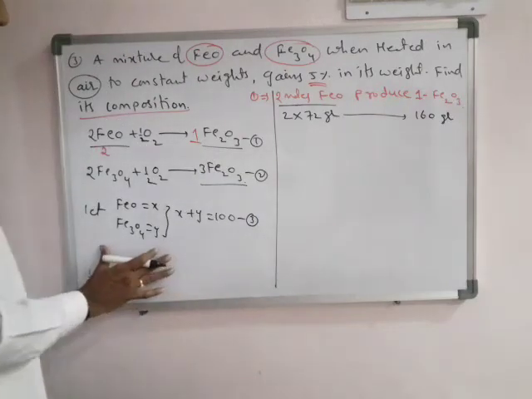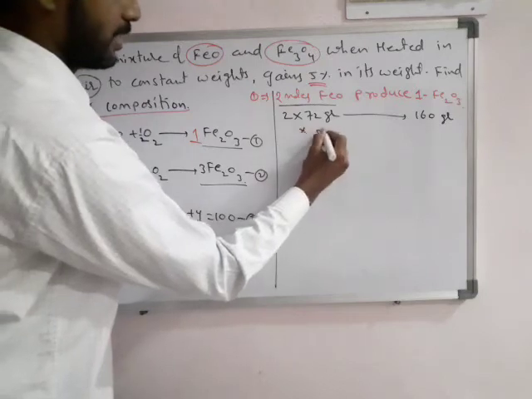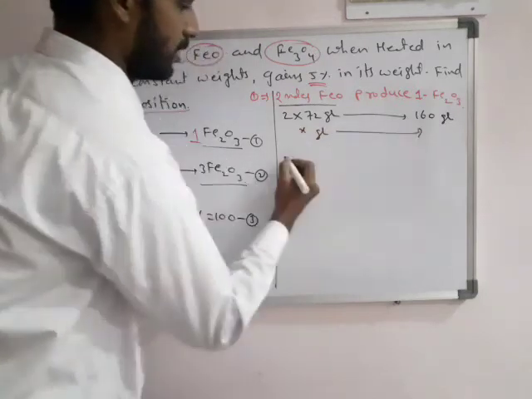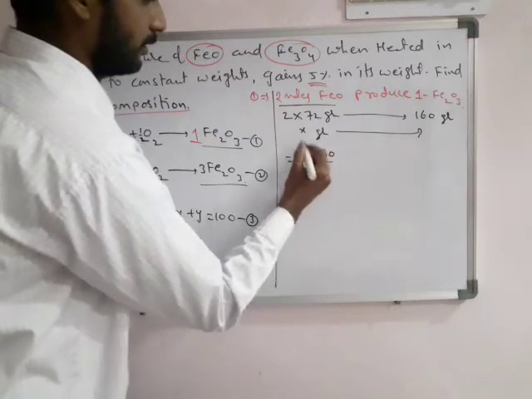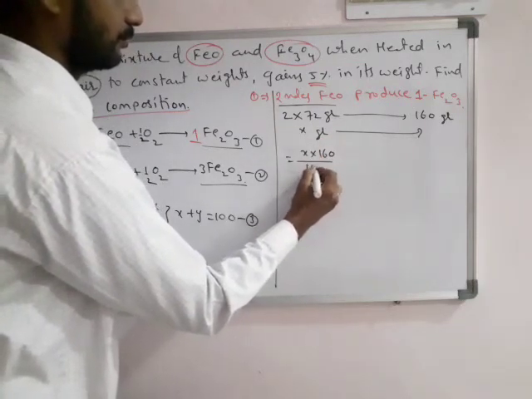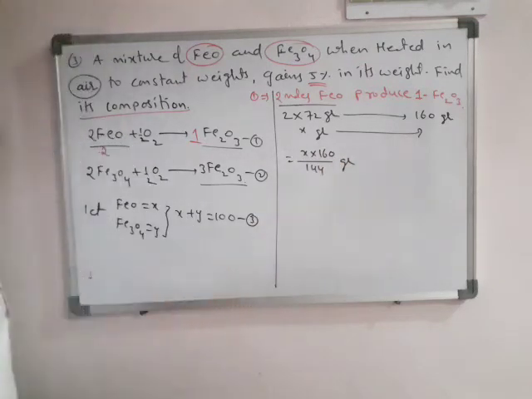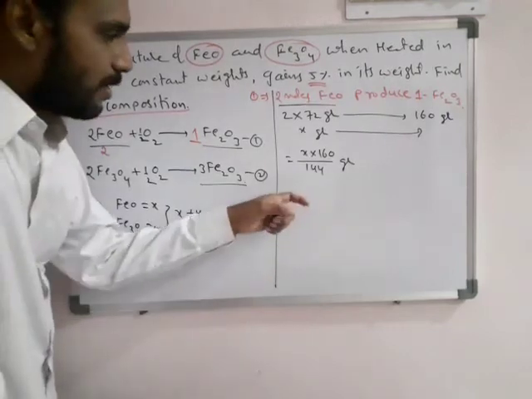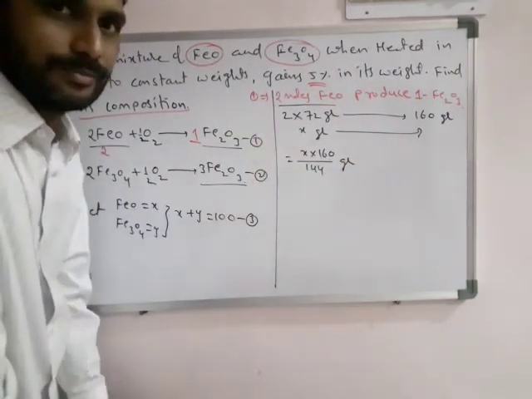Then how much FeO have we taken? x gram. So x gram can produce x into 160 by 2 into 72, that is 144. So 160x by 144 grams of Fe2O3 is formed.